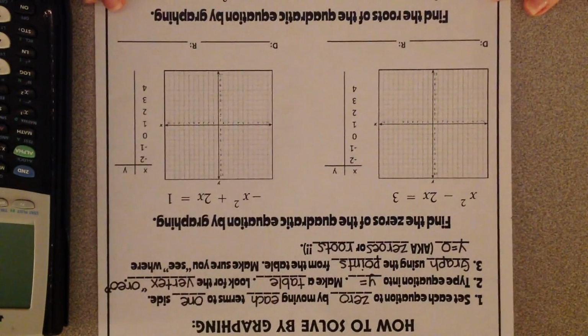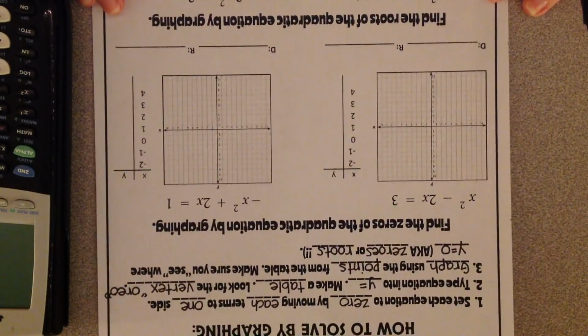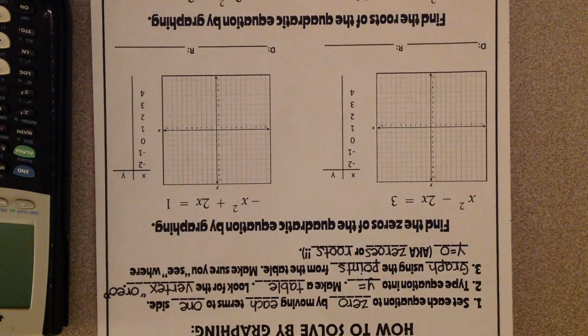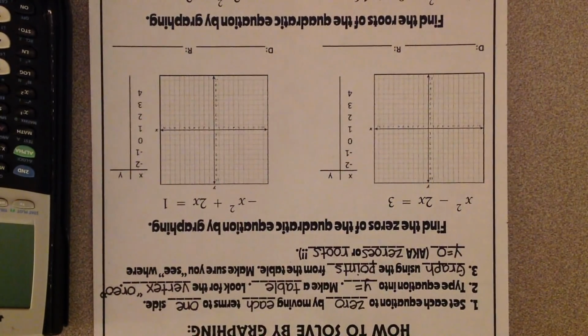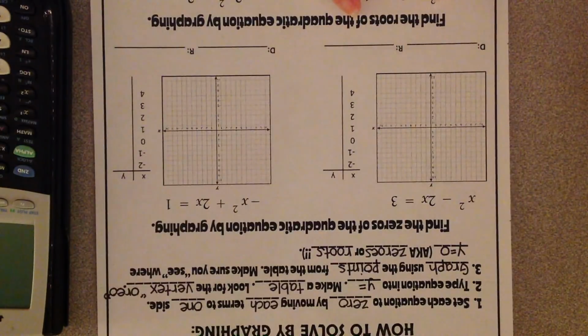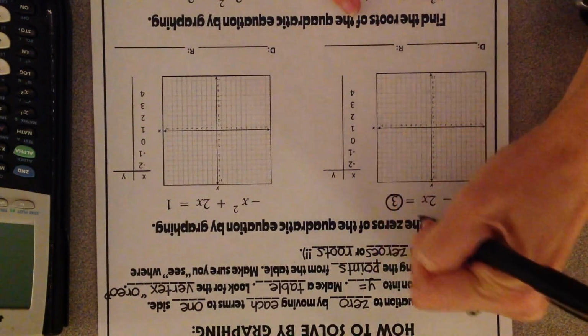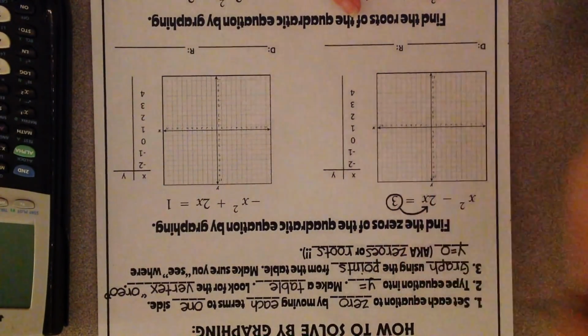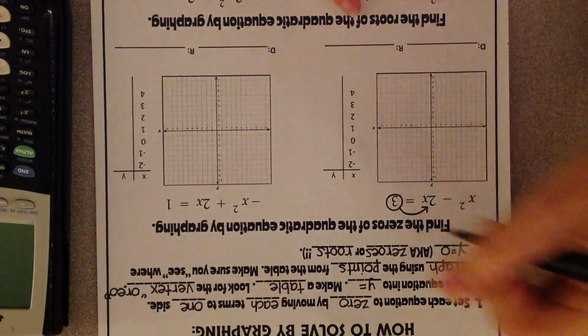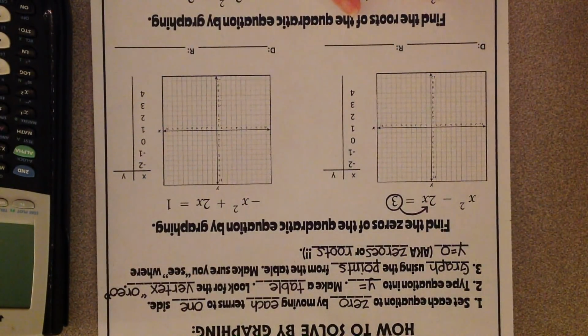So our first 2 examples. Find the zeros of the quadratic equation by graphing. So the first thing I'm going to do is make sure that all of my terms are on the same side of the equals. And I have x squared minus 2x equals 3. So I'm going to move the 3 over to be on the same side of the x squared and the negative 2x. So when I move it over, it's going to change it to a negative 3.